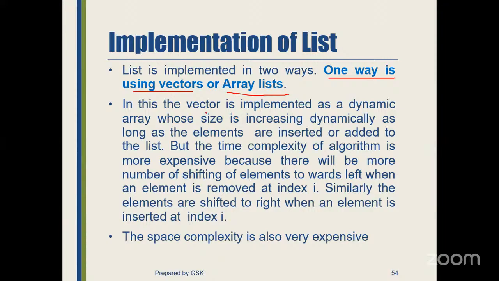The vector is implemented as a dynamic array, whose size increases dynamically as elements are inserted or added to the list. But the important point is that the time complexity is more expensive, because there will be more shifting of elements towards the left when an element is removed at index i.